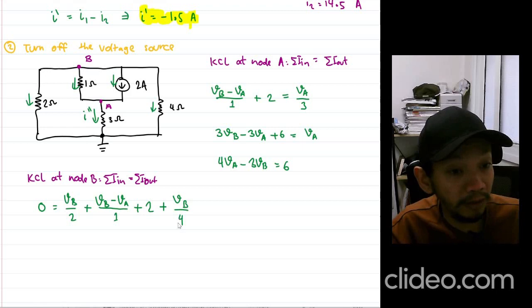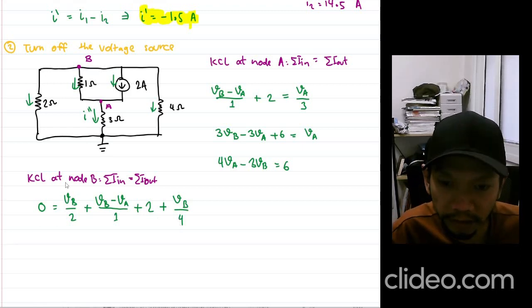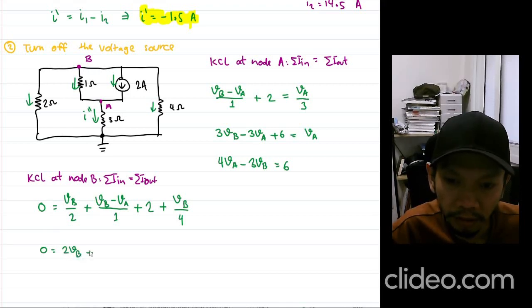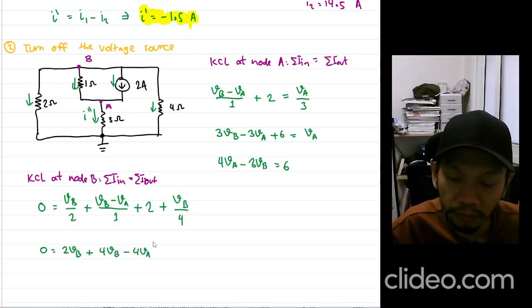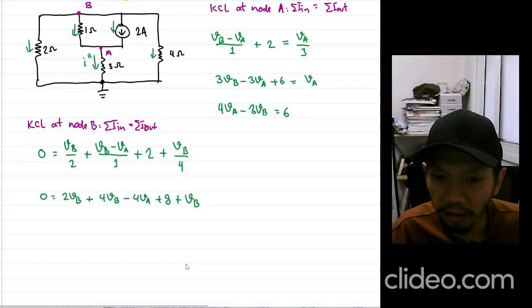Okay, let's multiply both sides by 4 so we can get rid of the fraction. So I have 0 is equal to 2 VB and then plus 4 VB minus 4 VA and then plus 8 and plus VB. Okay, let's see this carefully.